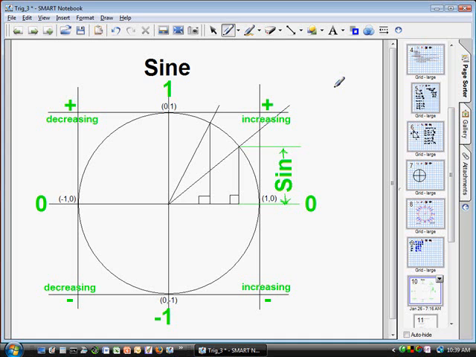Here's the one for sine. And let me explain a few things here. Actually, these are visual things. And in fact, I've got a little animation I think I can show you after we go a little further here.